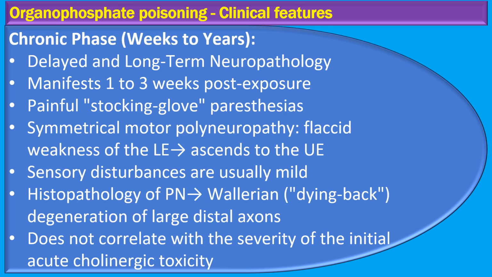The underlying mechanism is thought to be the inhibition of an enzyme known as neuropathy target esterase, which plays a crucial role in cellular metabolism of esters, rather than any impact on red blood cell acetylcholinesterase activity. Patients affected by this condition initially experience transient, painful sensations resembling a stocking glove pattern, which is soon followed by a symmetrical motor polyneuropathy.